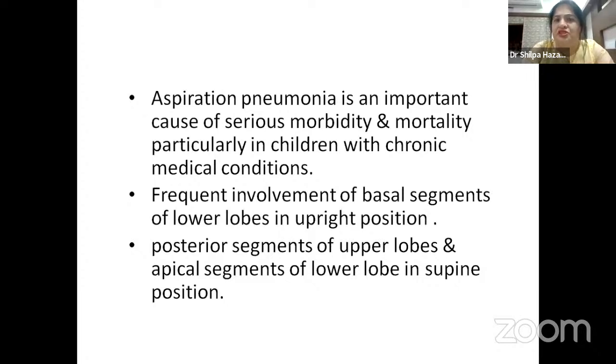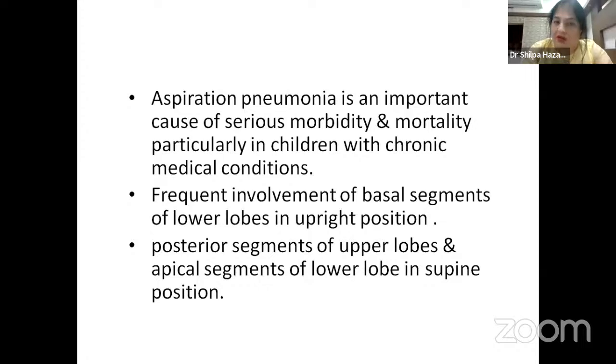As far as the lobes of the lungs involved are concerned, if it's an infant, less than 2 years old, who is mostly in the supine position, the segments affected by aspiration would be the posterior segments of the upper lobe and the apical segment of the lower lobes.